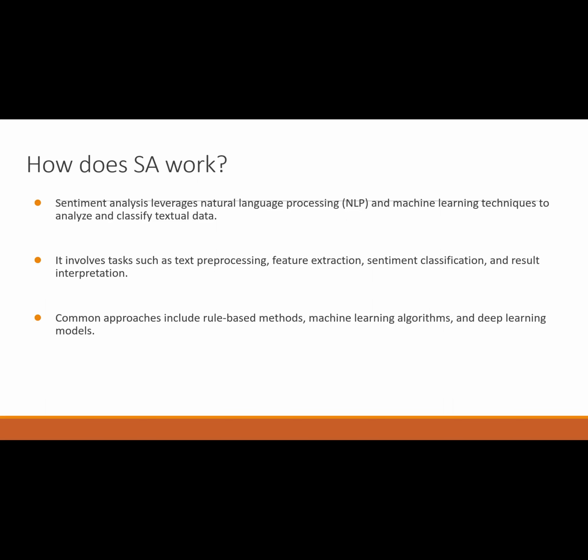After that, we extract some features. The features decide the prediction, that is, whether the text contains positive or negative sentiment. These are important features or attributes extracted from the input text. Common approaches are rule-based methods, machine learning algorithms, and deep learning models.